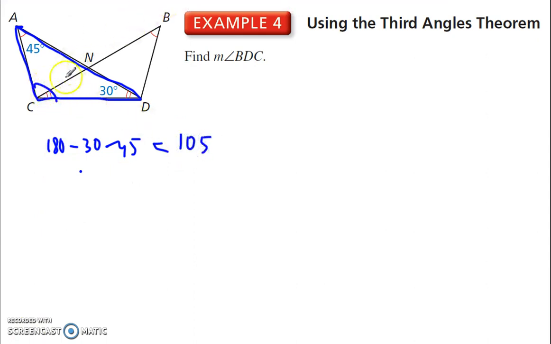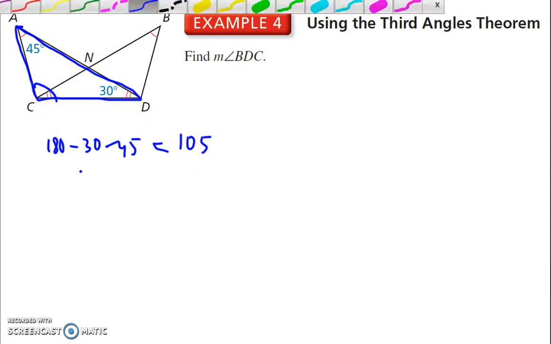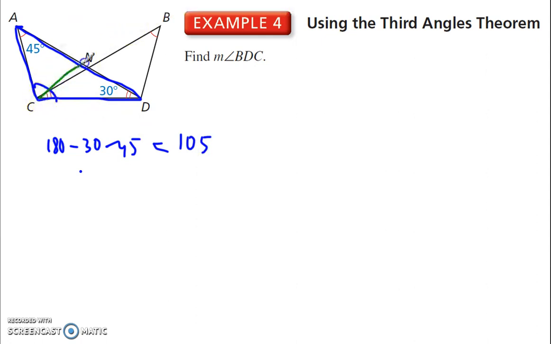Now we can look at the other triangle and see that this angle is congruent to that one, and this one is congruent to that. So this third angle has to be congruent to that third angle. So it is also 105 degrees.